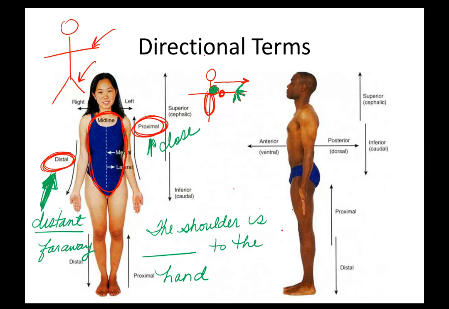Again, because we're comparing the two. The shoulder is closer, right? It's closer to the torso because it's here, not way out here, right? So the shoulder is going to be proximal to the hand. Why? Because it's closer to the torso.